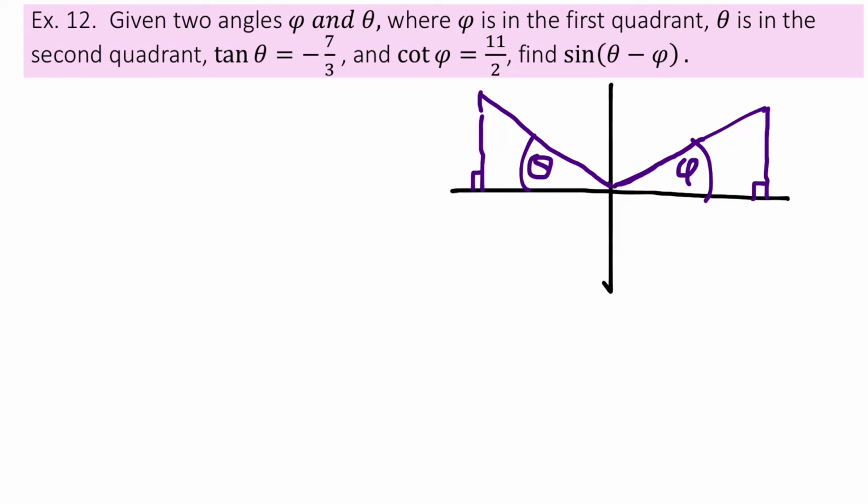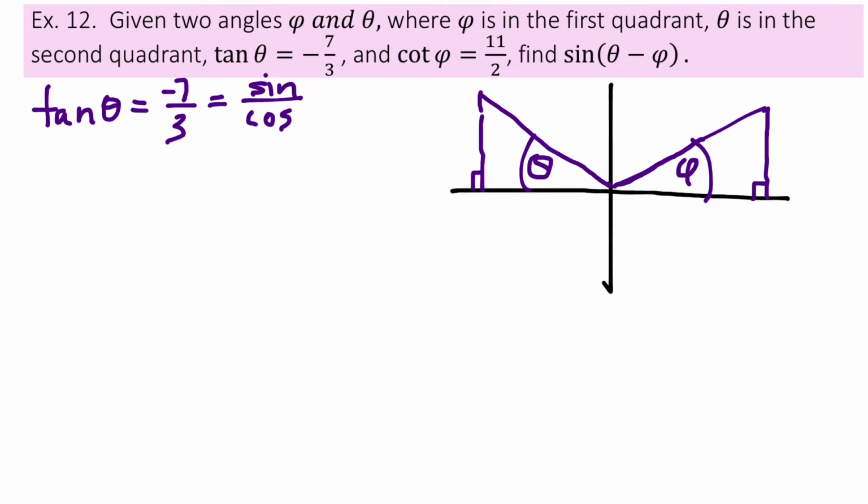My numbers are given to me in terms of trig functions. The information about theta is that your tangent is equal to negative 7 over 3. Tangent is equal to the sine of theta over the cosine of theta. So that means sine must be negative 7. Actually, that's not going to work.